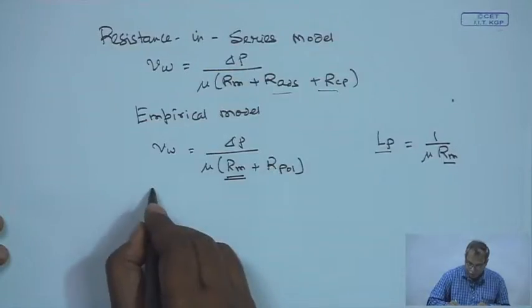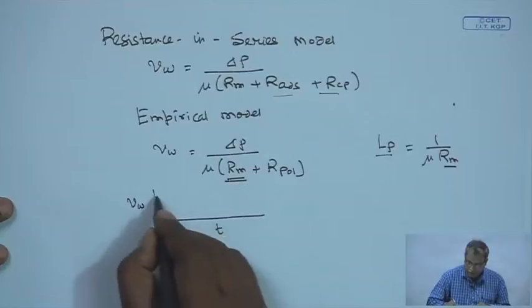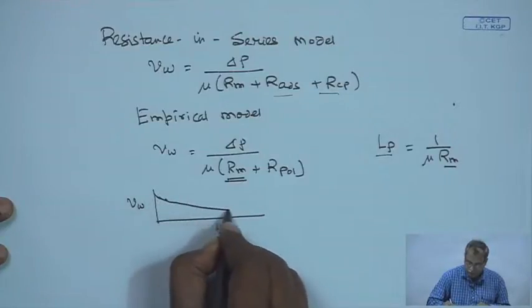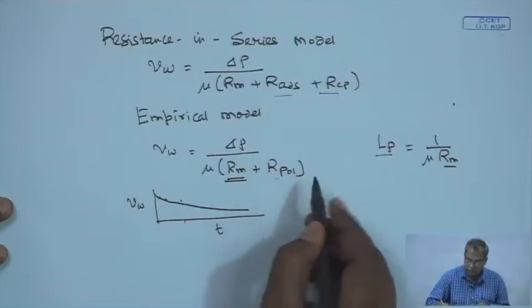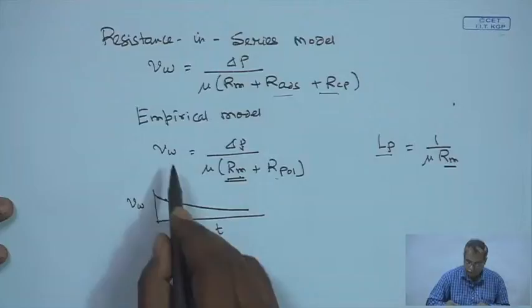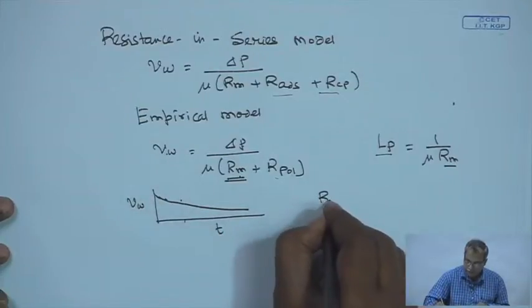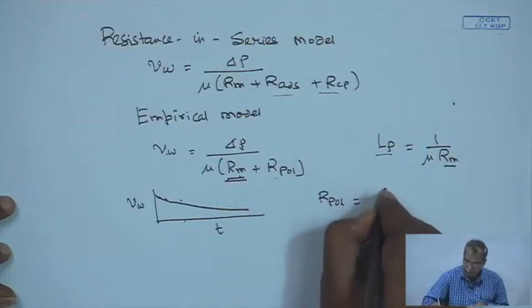And if we conduct an experiment and record the permeate flux data, then at every time point we can calculate the polarized layer resistance, because we know the operating pressure, we know the membrane resistance, and we have the experimental flux data.